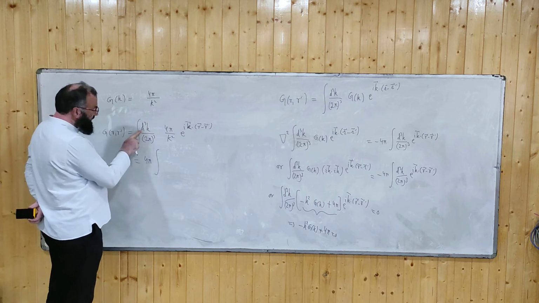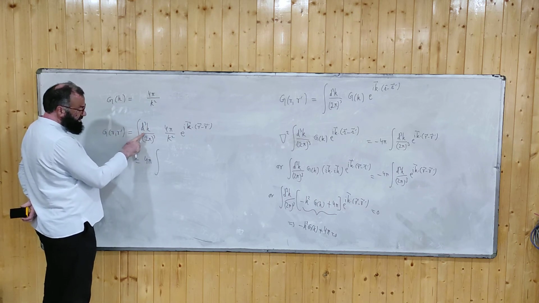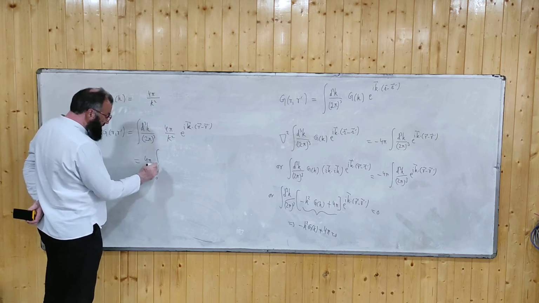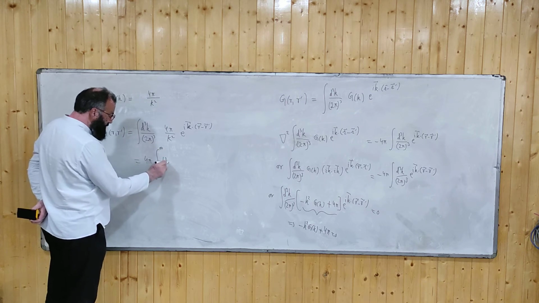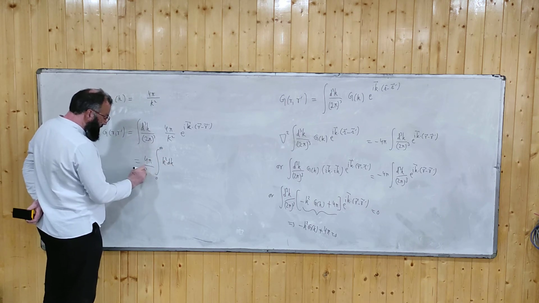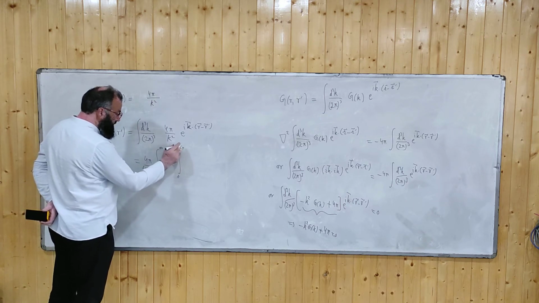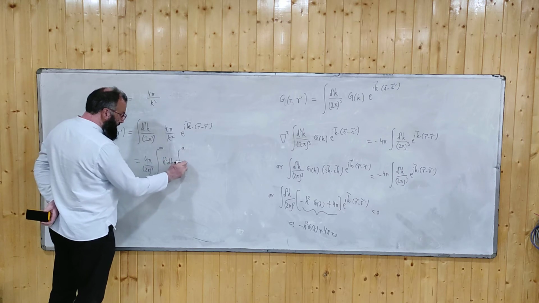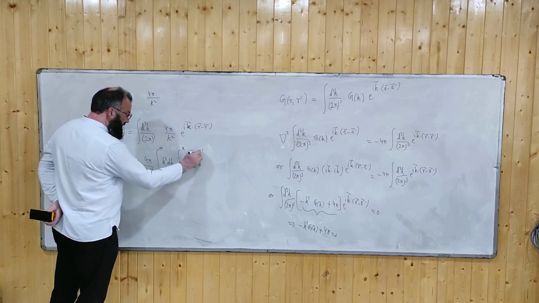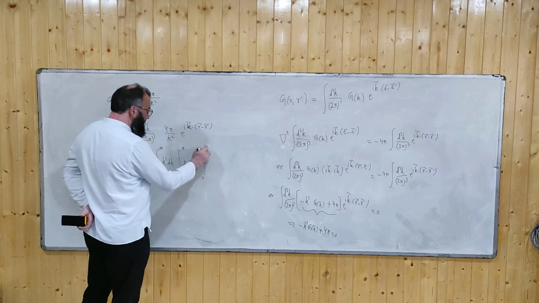Now I will convert this into spherical polar coordinates for d^3k. It will be integral from 0 to infinity of k squared dk, and this (2 pi)^3 I will take out, then integral from 0 to pi of sine theta d theta, then integral from 0 to 2 pi of d phi.